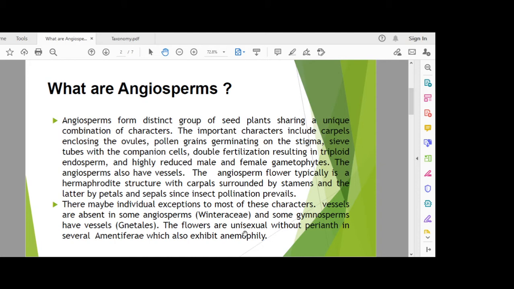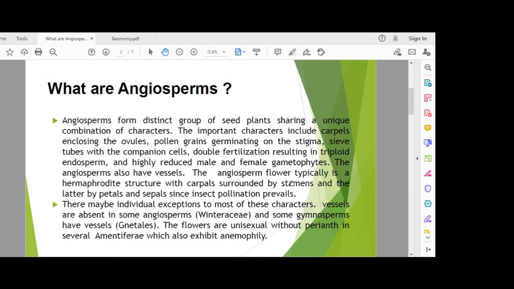The important characters include carpels enclosing the ovules, pollen grains germinating on the stigma, sieve tubes with companion cells, double fertilization resulting in triploid endosperm, and highly reduced male and female gametophytes. The angiosperms also have vessels.